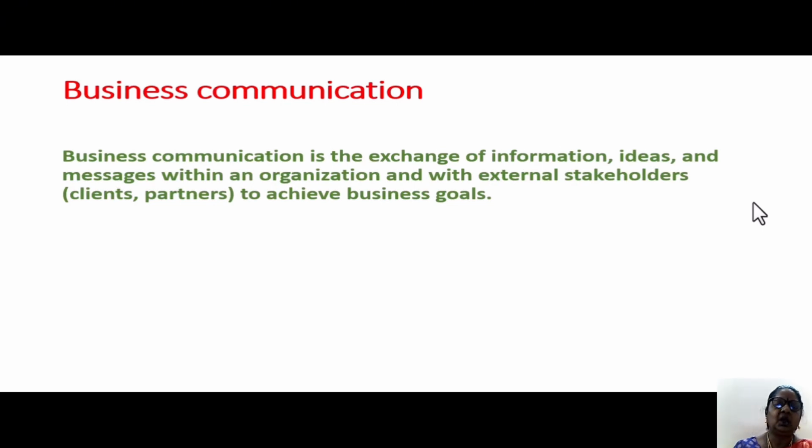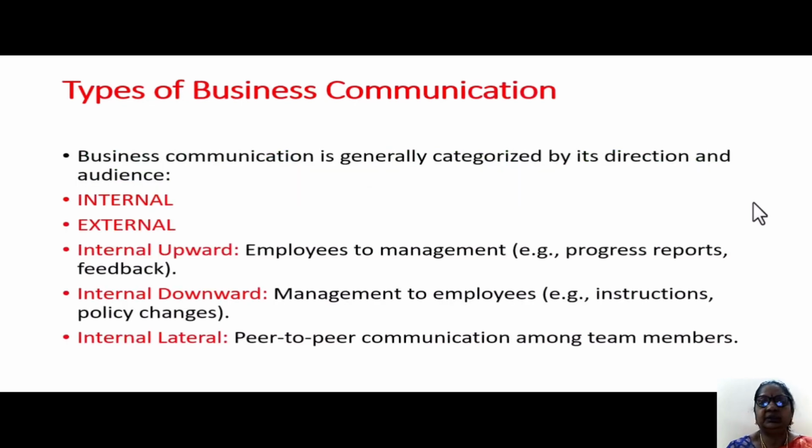Next, what are the different types of business communication? Normally there is internal business communication and external business communication. In the internal, there is internal upward and internal downward. Internal upward means employees to management, from the employee to the supervisor to the manager.